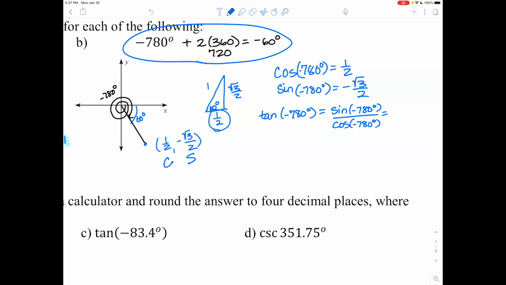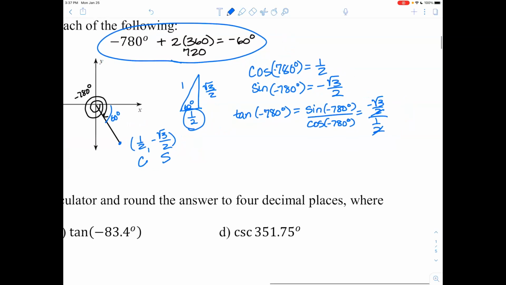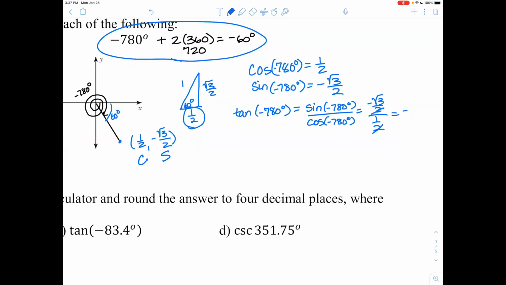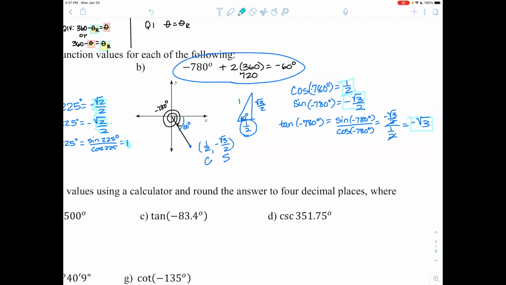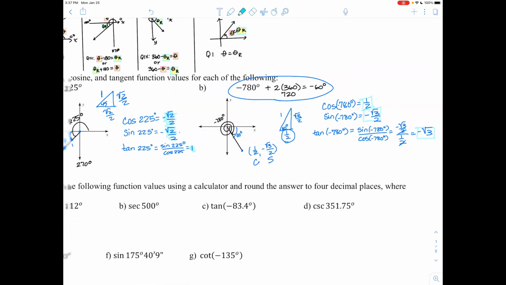And so that would be negative square root of 3 over 2 divided by 1 over 2. We'll cancel those 2's and simplify that to the negative square root of 3. Those are your 3 values that you were asked to find for that angle.